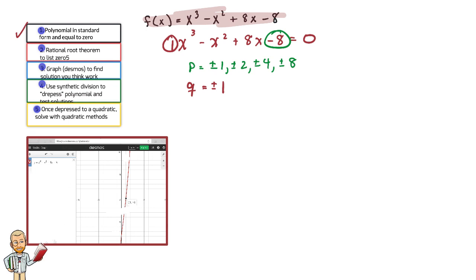And then p over q. Now in this case, because q is only 1, it's just going to be really our p list, because everybody over 1 is just themselves. 4 divided by 1 is 4, and 8 divided by 1 is 8. So there's the possible rational solutions.